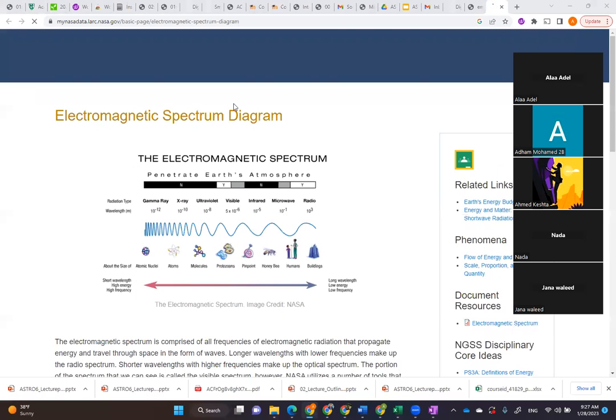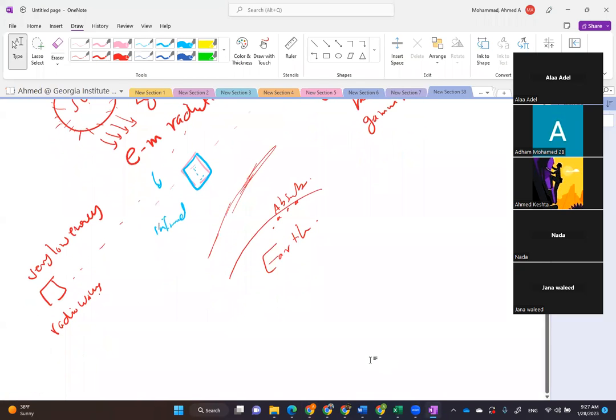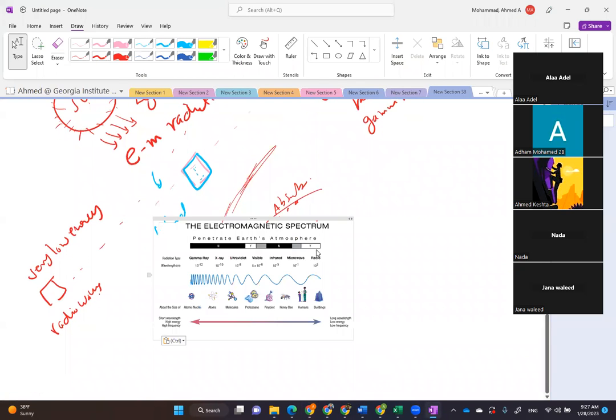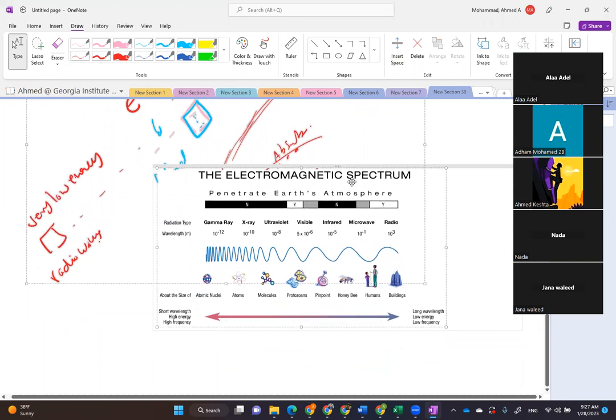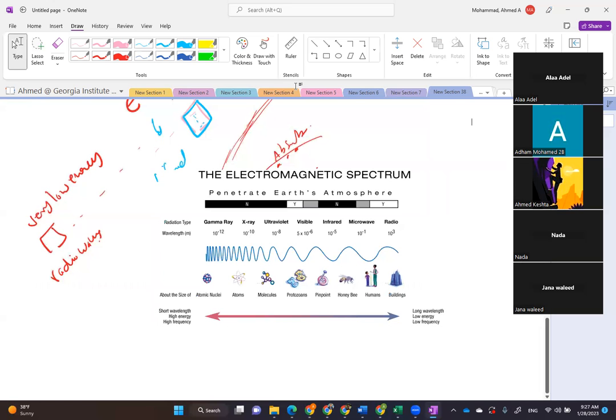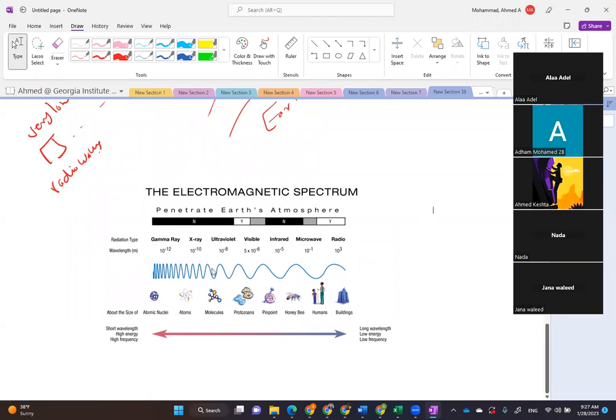Guys, I'm going to take it to the OneNote file. Okay. This is the infrared radiation.